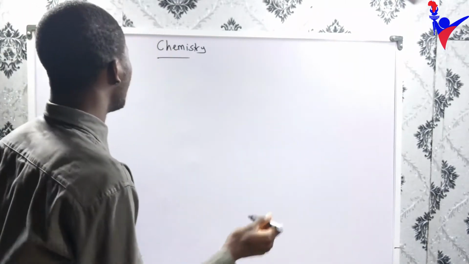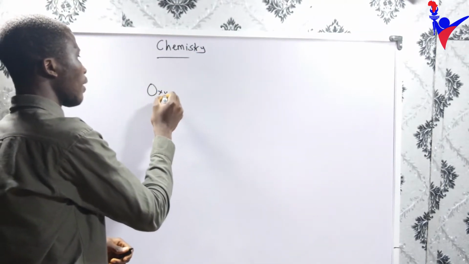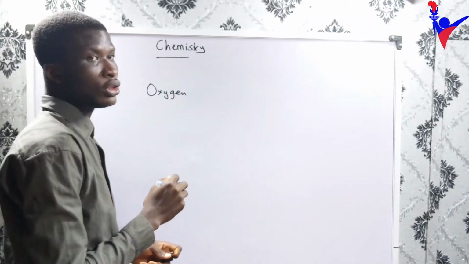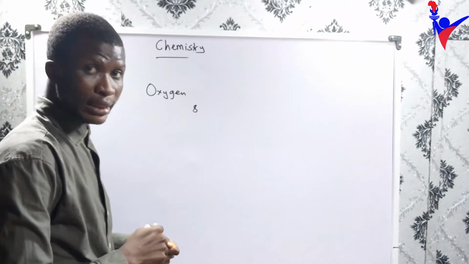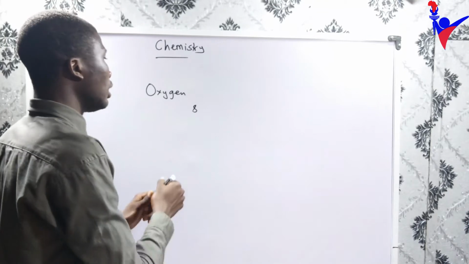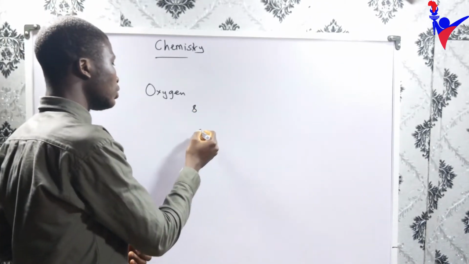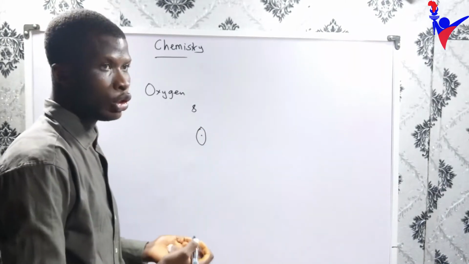Let's go to the board. Taking oxygen, for instance, the atomic number of oxygen is 8, right? When we talk about how the electrons are arranged around it, let's represent it like this. We know that it has a core inside where we have the nucleus, of course.